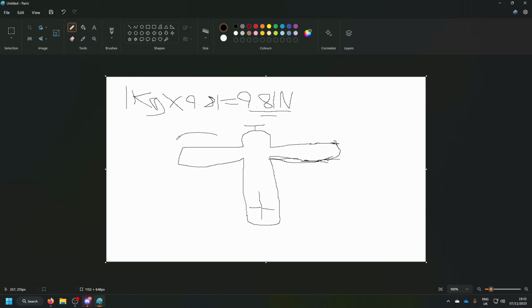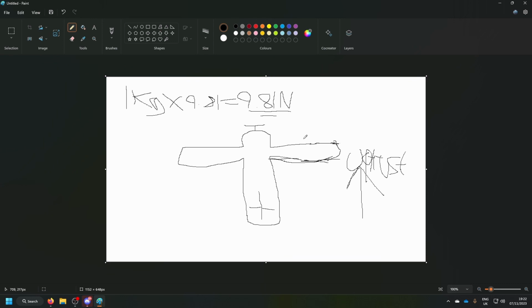So our wings need to produce 9.81 newtons of upthrust in the upwards direction.